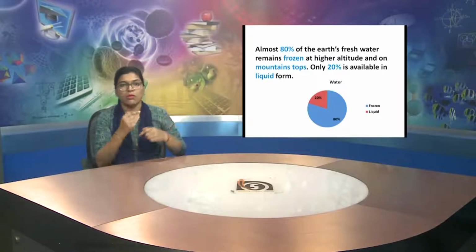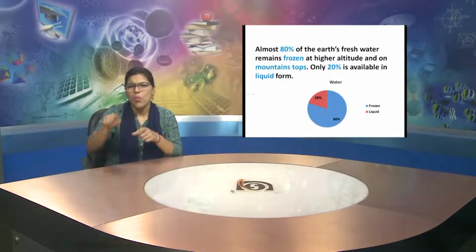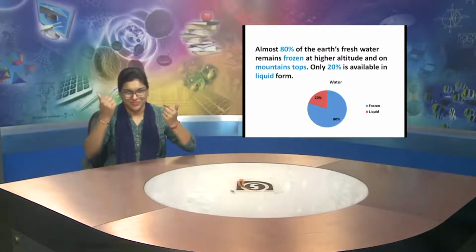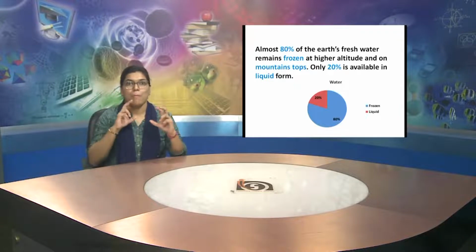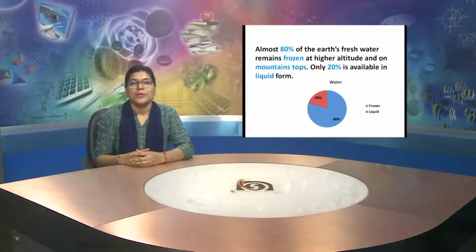You must have seen the image of the globe. On the two poles, the water is frozen, and also at higher altitudes and on the mountain tops. So only 20% is available in liquid form.